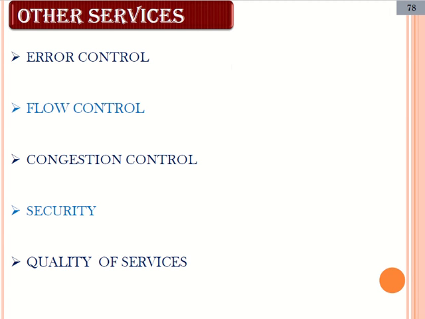What is error control? Whenever a packet is transferred from source to destination, because of noise in the communication channel, or if a third person hacks the information, the information might contain some other data, or we might lose the actual data we transmitted.